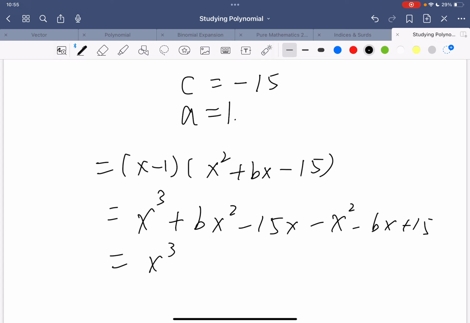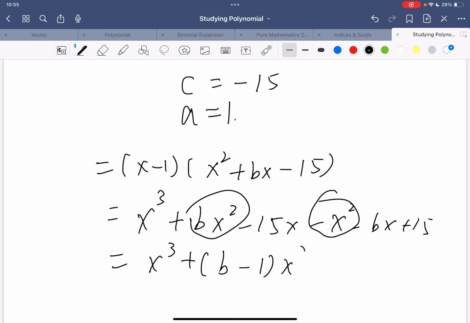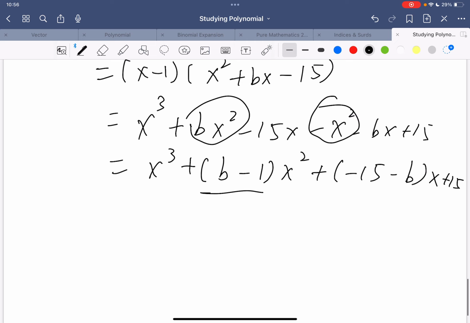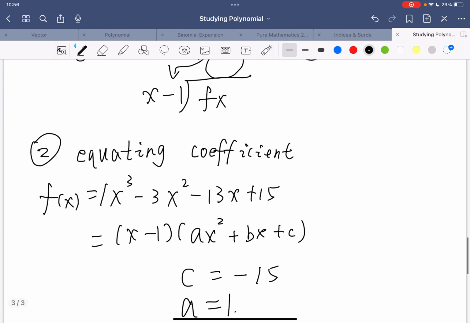We collect like terms. This one and this one. Okay, and then we still collect the like terms. And then b minus 1 should be equal to -3.